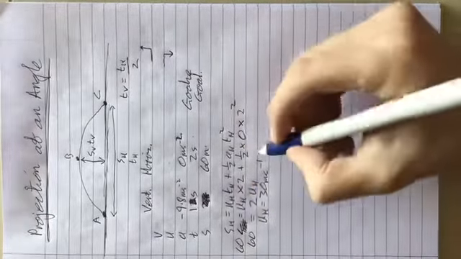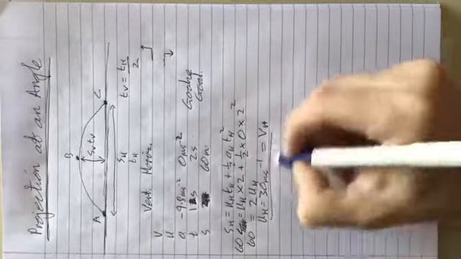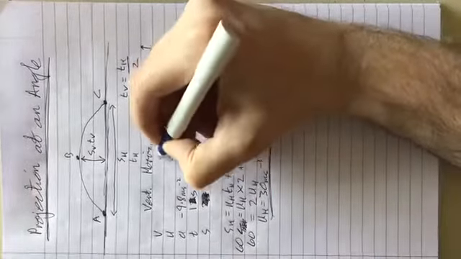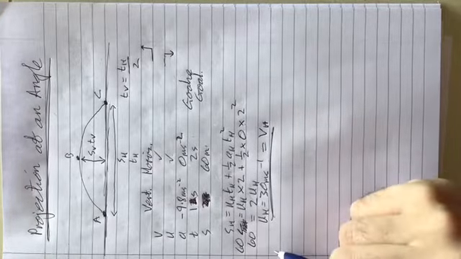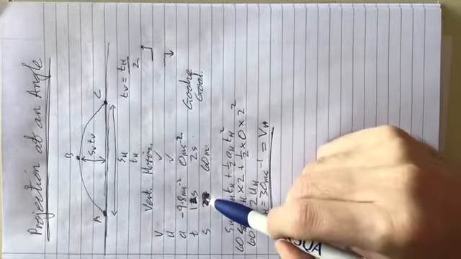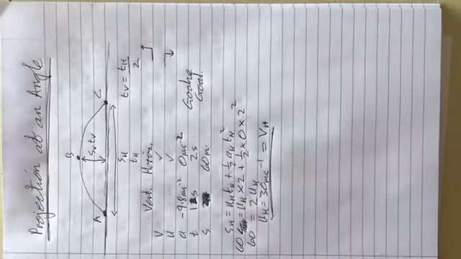And because there's no horizontal acceleration, this also equals VH. So that's those two worked out. And we don't have any more horizontal things to work out. Excellent. Right, let's see what we can do. Vertical displacement, initial vertical velocity, final vertical velocity.